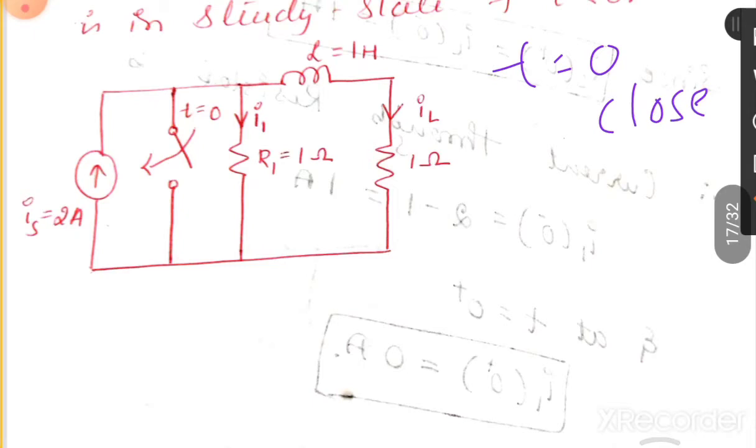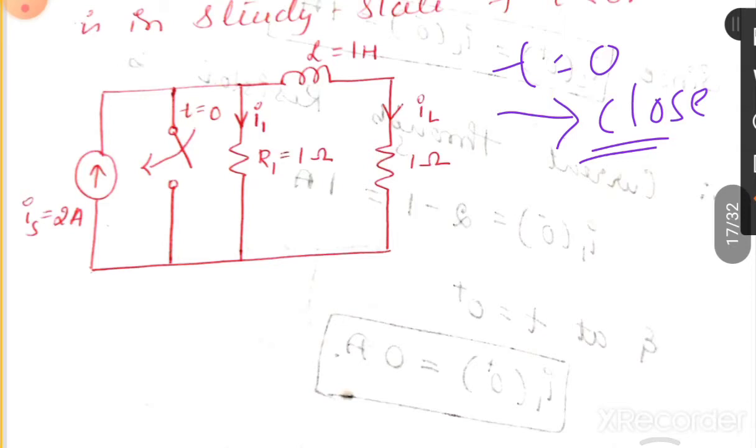Then what is the initial condition of this circuit's switch? How was the switch earlier? It was open, because you are going to close the switch at t equal to 0.